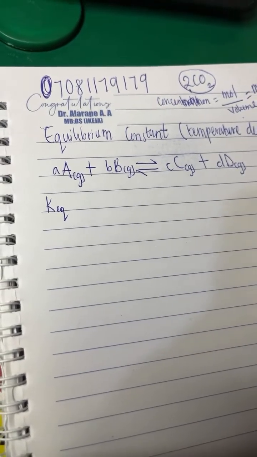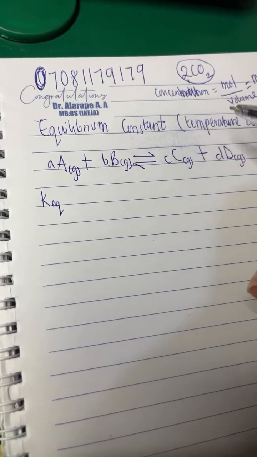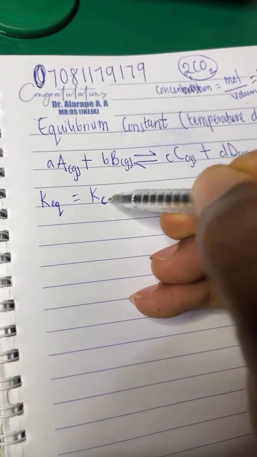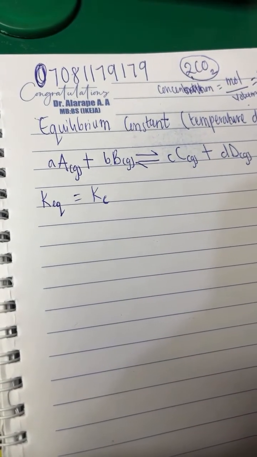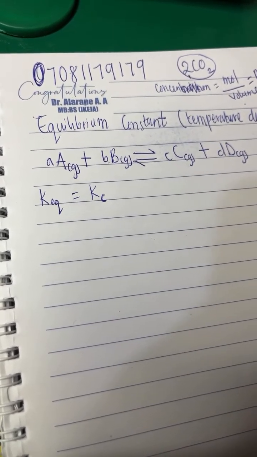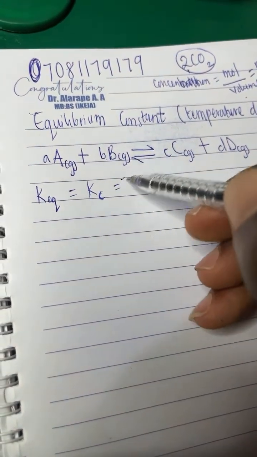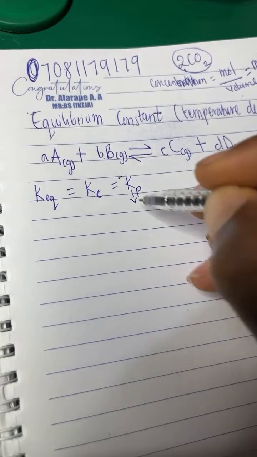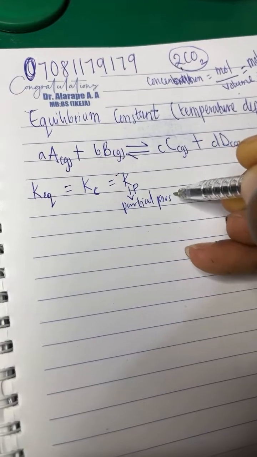So now, if you want to talk about the equilibrium constant in relation to concentration, you can make your KEQ equal to your KC. Sometimes you can make it KP. If it is KP, then that means you are talking about pressure, like the partial pressure of a gas.